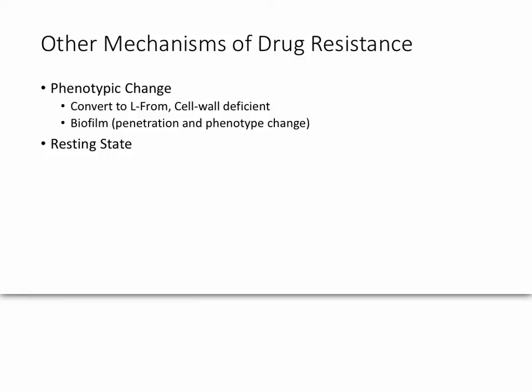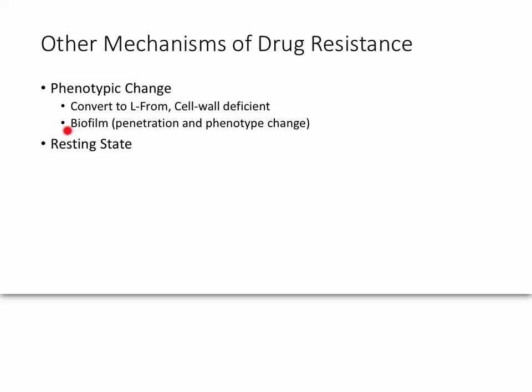An L form is where a gram-positive bacteria says, you know what, I don't need my cell wall anymore, I'm going to live without it. Usually without the cell wall, they become osmotically lysed, but they have figured out a way to make themselves isoosmotic so that they can turn into this L form and live without their cell wall.